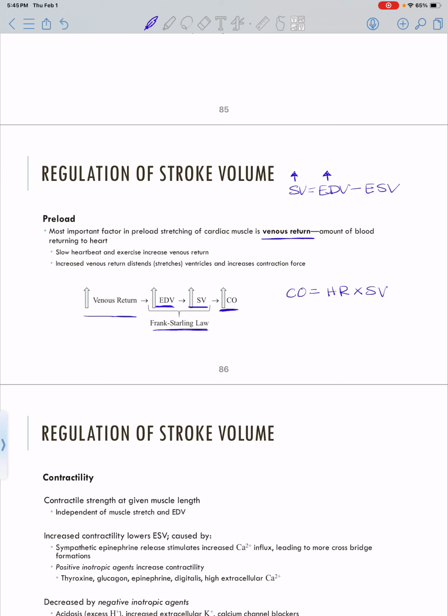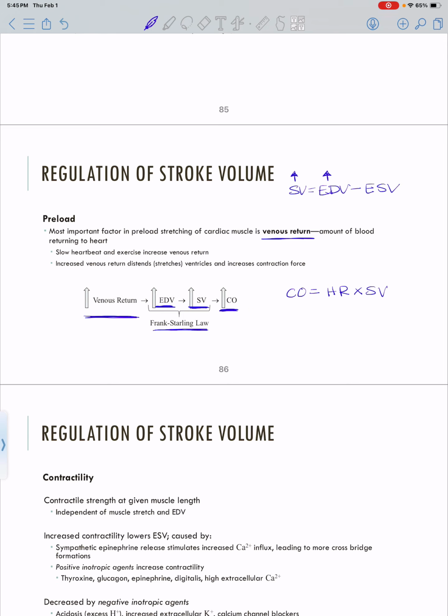So increasing our venous return, or how much blood we're sending to our heart, is going to increase our end diastolic volume, or the amount of blood that's going to be in our ventricles before they contract, which is ultimately going to increase our stroke volume, the amount of blood pumped out by each ventricle, which is ultimately going to increase our cardiac output.